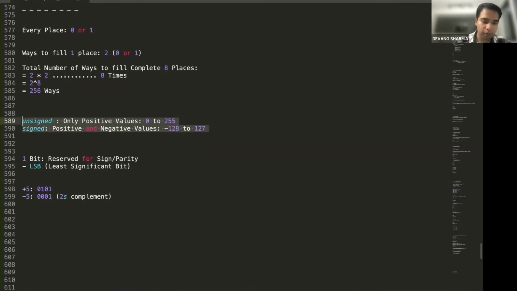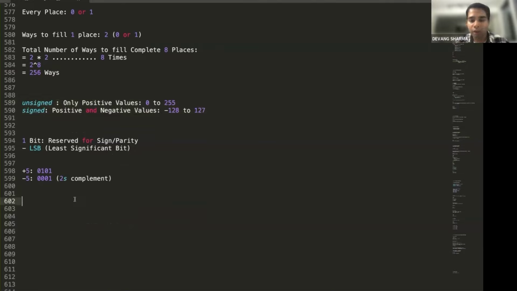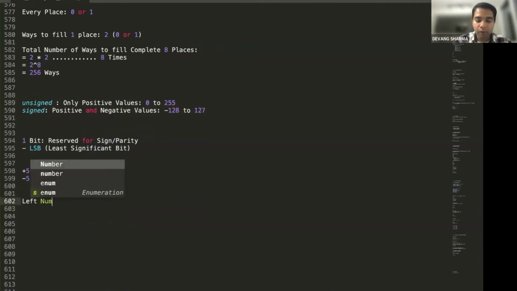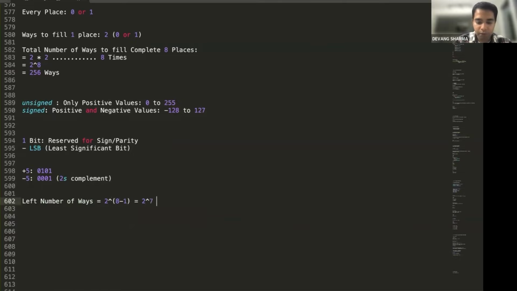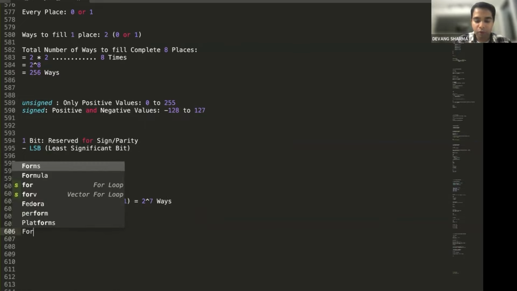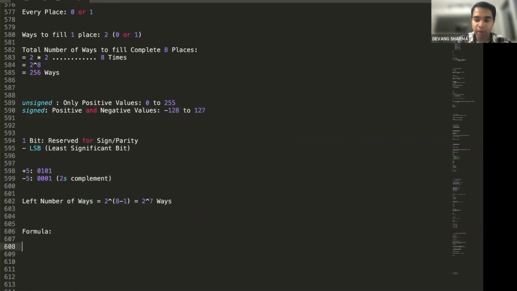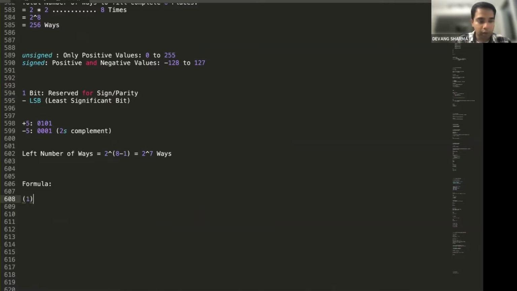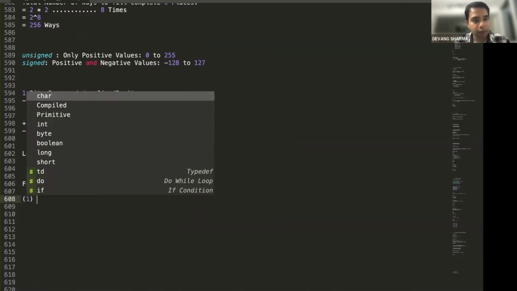Everybody clear? Okay. So once you have reserved 1 bit, the number of ways left becomes 2 raised to the power 8 minus 1, which is 2 raised to the power 7 ways. Okay. So when we talk about the formula, what does the formula become? Number 1, whatever data type is given, just calculate the number of bits.